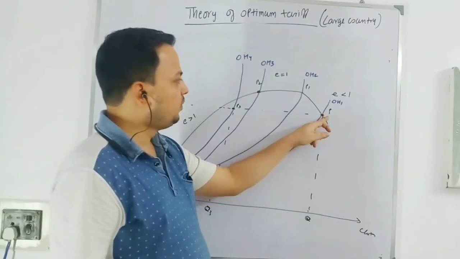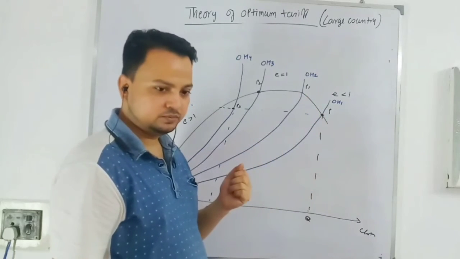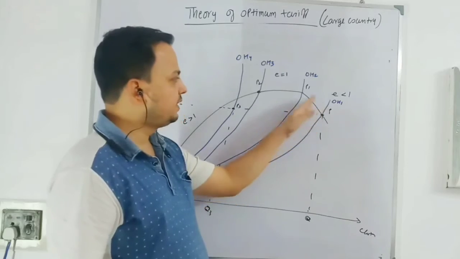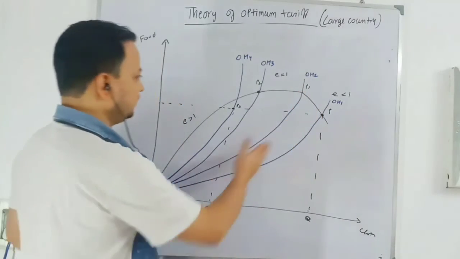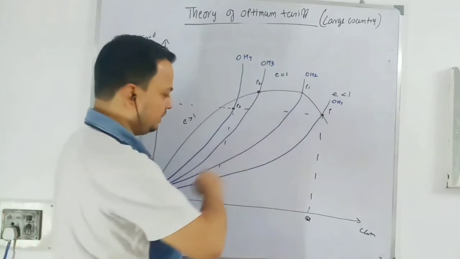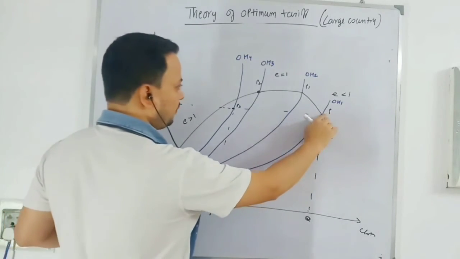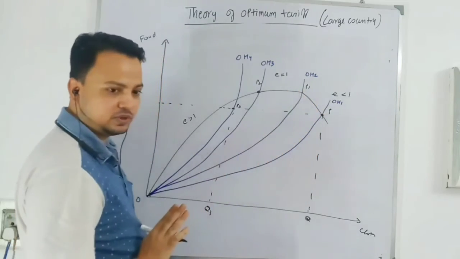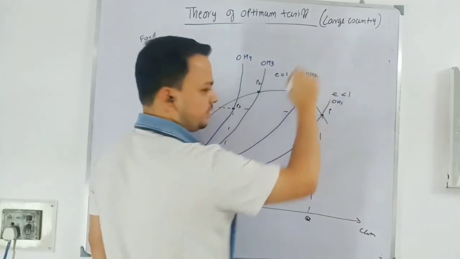So when you are moving from P to P1, you are able to gain more. By increasing tariff, you can improve the terms of trade. You can draw a line from OP to OP1, and you can increase your welfare. You can move to a higher trade indifference curve.